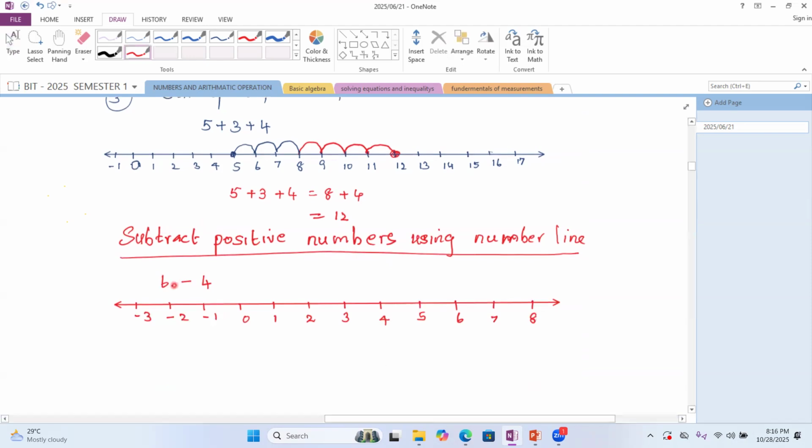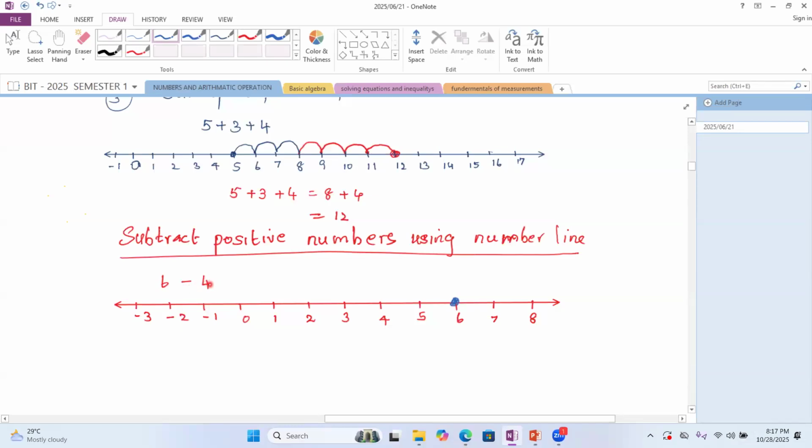First, we start from 6. Where is 6? Here. We write that. Right. Then subtraction. Subtract positive number.